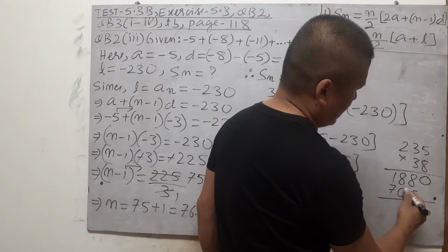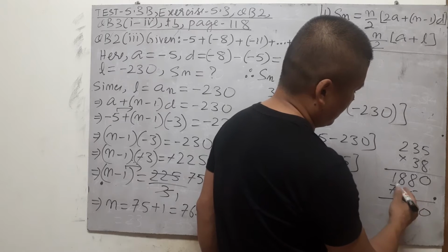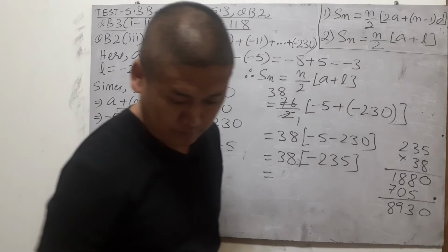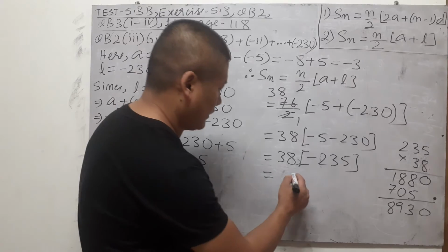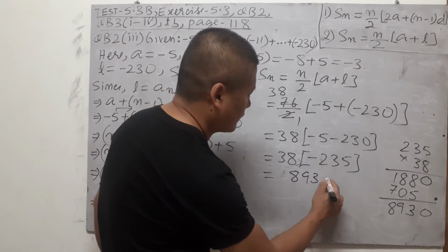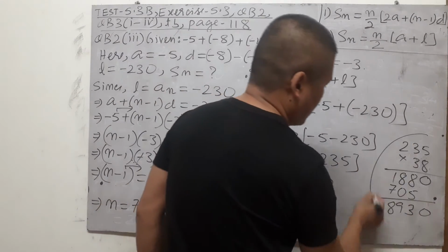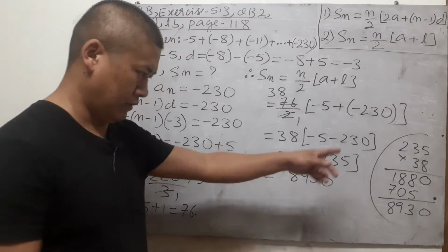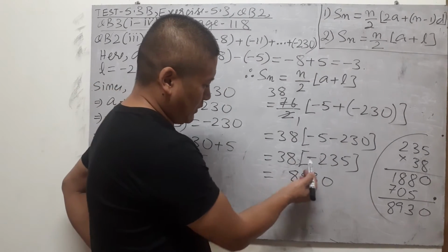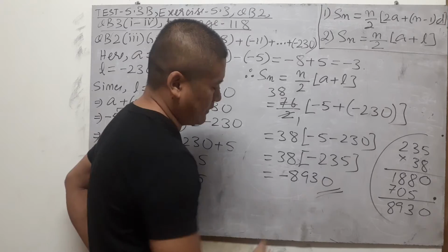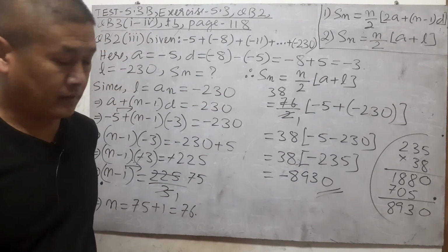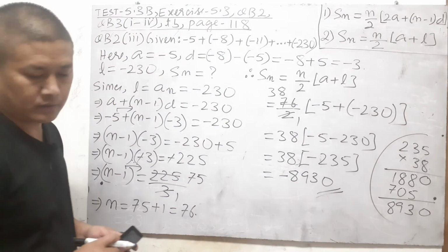So 8, 9, 3, 0. Yes, so I write here 8, 9, 3, 0 when we multiply these two. You can write those things on your rough. A plus and a minus is minus. So the required value is minus 8930, same as the textbook answer.